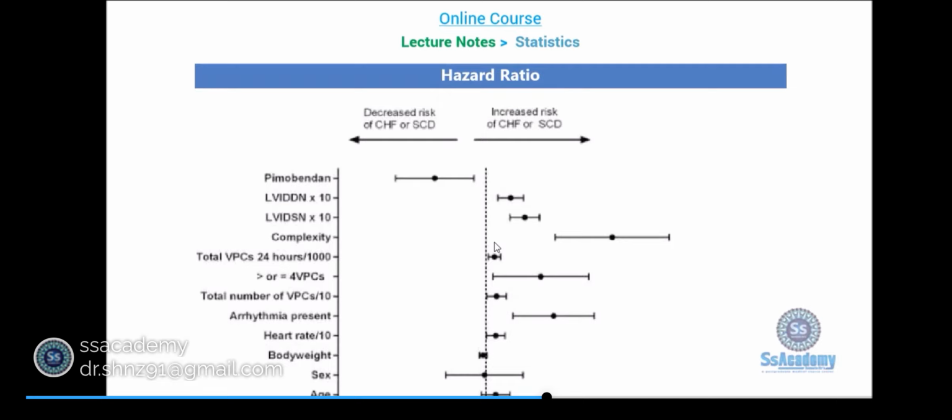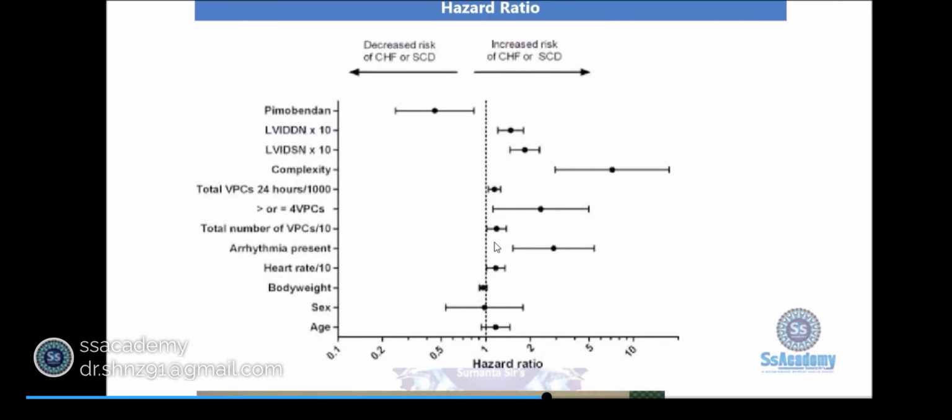The next topic is the hazard ratio. You see in the hazard ratio figure it is written decreased risk of heart failure or sudden cardiac death, increased risk of congestive heart failure or sudden cardiac death. Some of the parameters are written there.